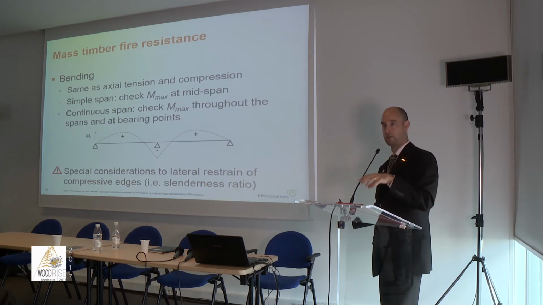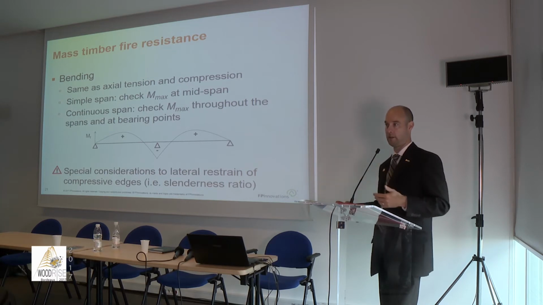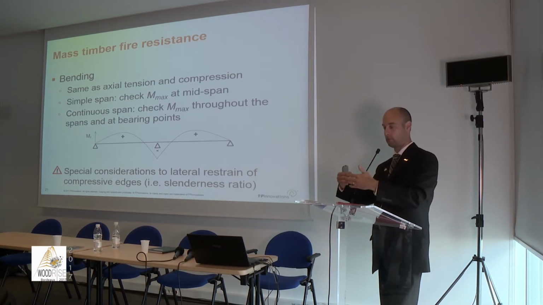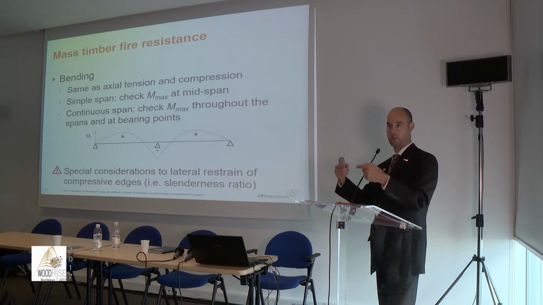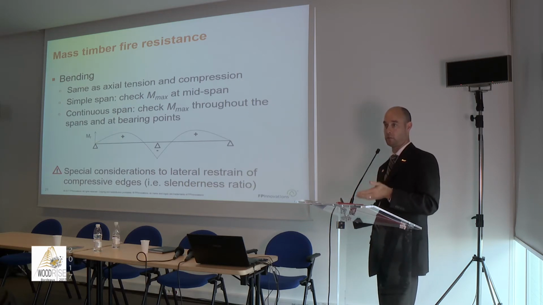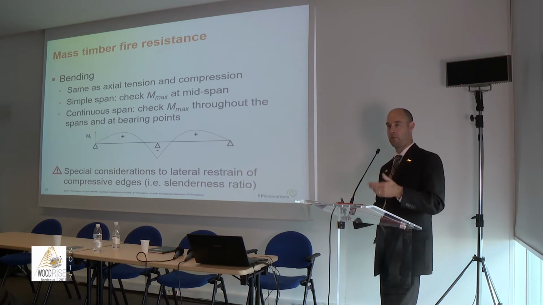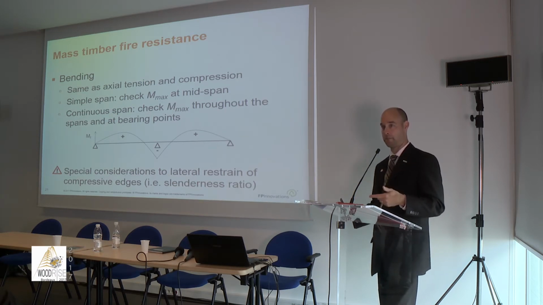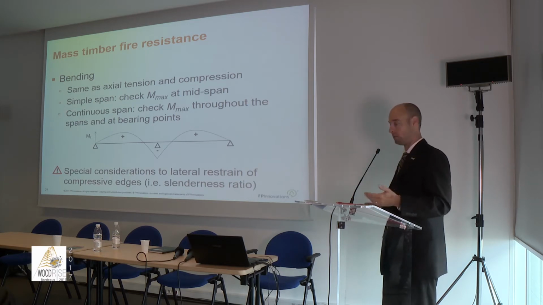So you have a decking on top, there's nailing, or you have secondary beams at whatever spacing that restrain the top flange from buckling. In fire design, you have to make sure that those elements remain there for the required period of time. Otherwise, you need to recheck the slenderness of the beam every time to make sure that it's still good.